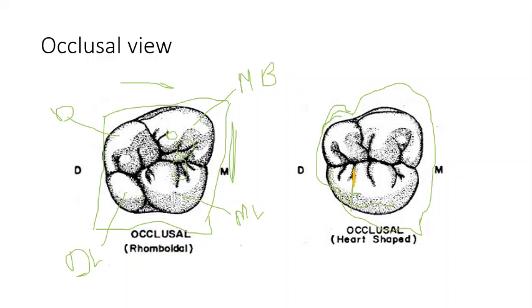So the distolingual cusp is absent in the heart-shaped maxillary second molar, as the distolingual groove does not extend over the lingual margin.